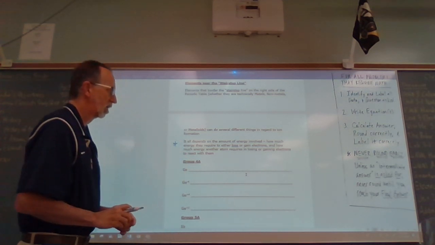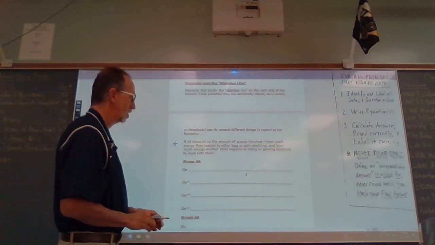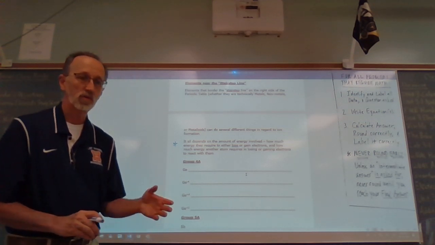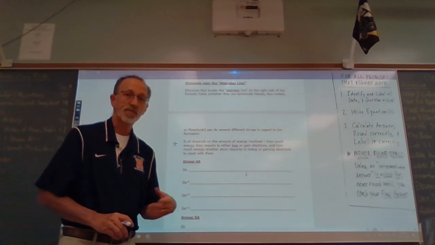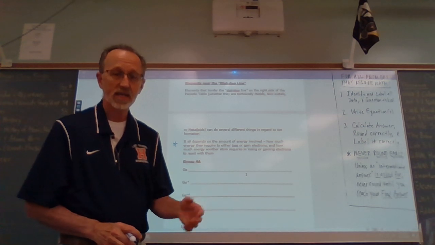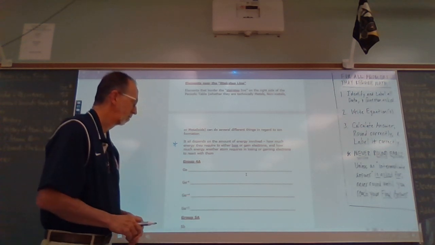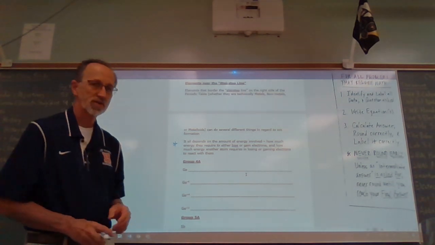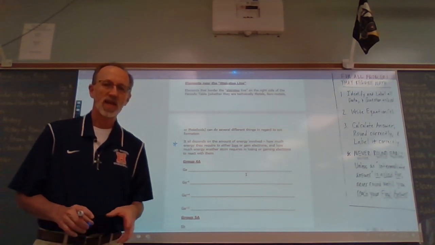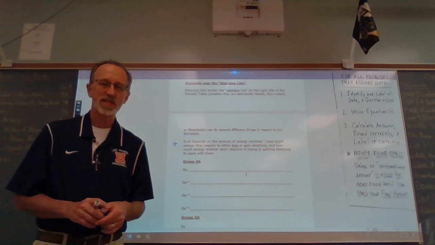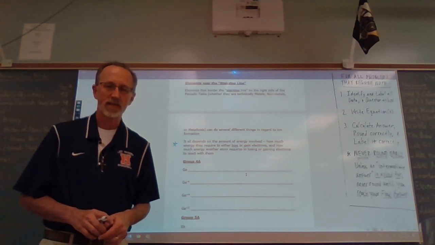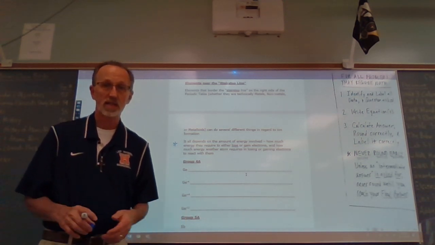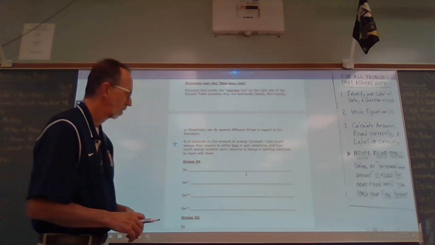It all depends on the amount of energy involved: how much energy they require to either lose electrons and form a positive ion or gain electrons and form a negative ion, and how much energy another atom requires in losing or gaining electrons to react with them. Whichever is the least amount of energy, that's what happens. So it depends on the individual atoms involved.